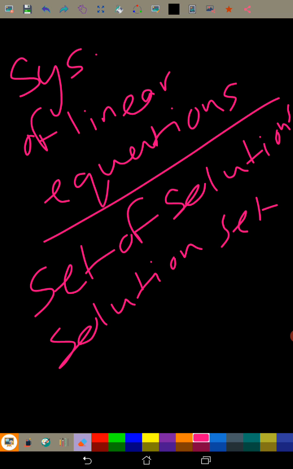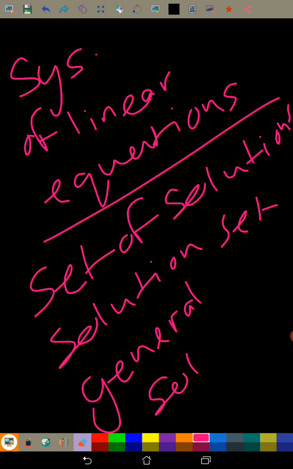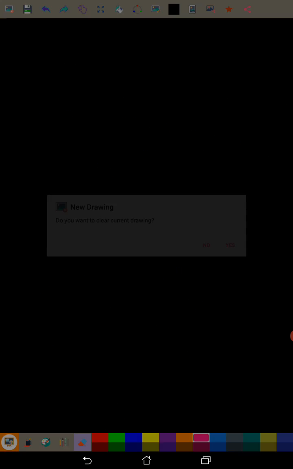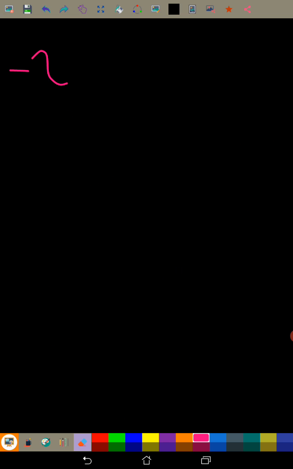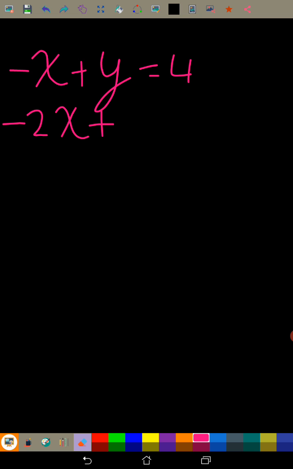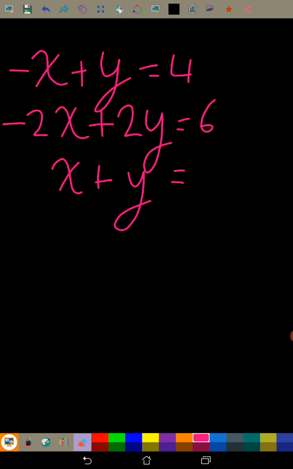We know they can sometimes be called general solutions. General solutions, either this or that. Okay, and just for you to know, sometimes we might have equations and we have, for example, these three equations, I think, equal to 6, and we have x plus y is equal to 3.